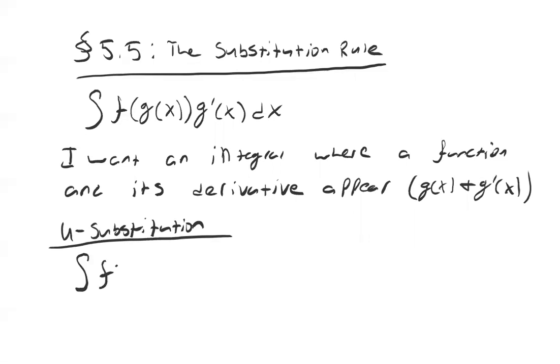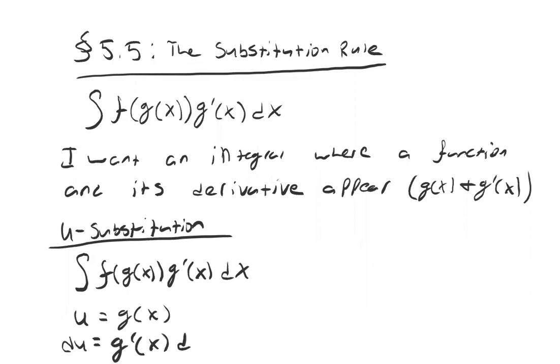If I have this f of g of x, g prime of x, dx, I can let U equal g of x, and I'm going to compute the differential du. You can look back at your formulas from Calc 1, but all that's going to happen is I'm going to differentiate this thing and multiply it by dx.